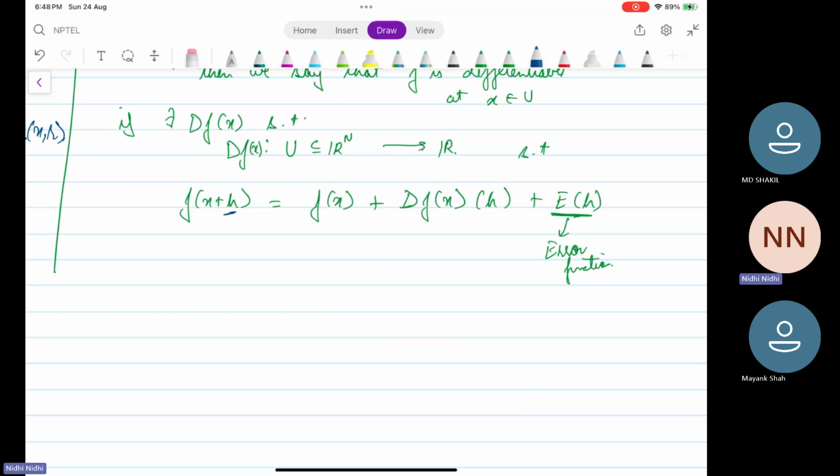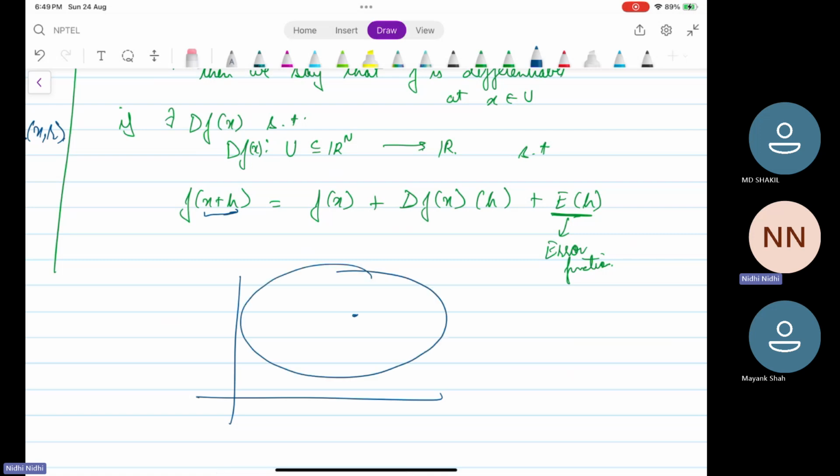h is basically a small term. We generally take it from a ball near zero, so eventually we need x + h to be in U. Suppose we have x here and our U is something here. We want h such that x + h, in any direction, lies inside the ball.